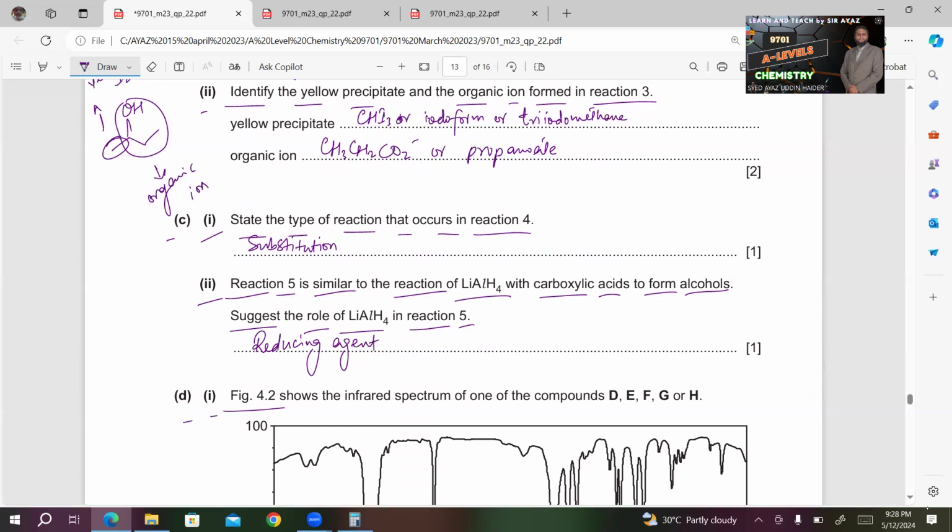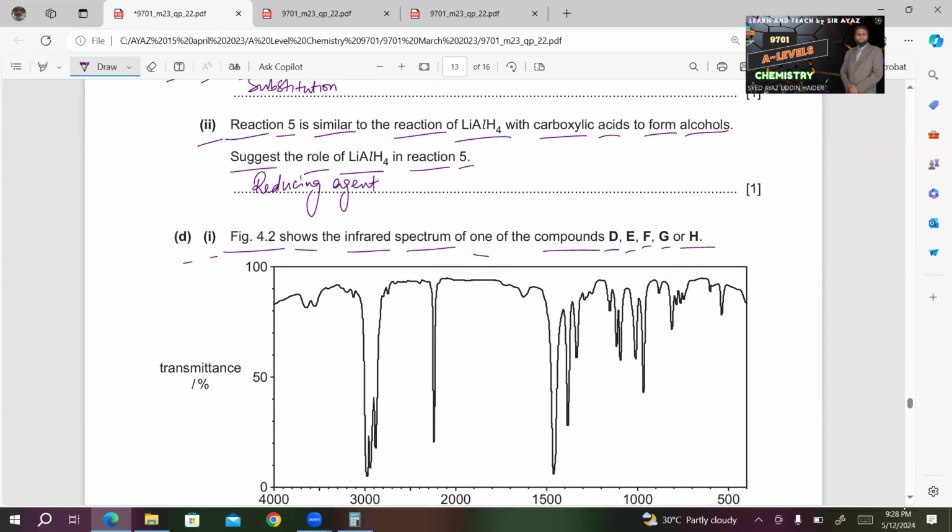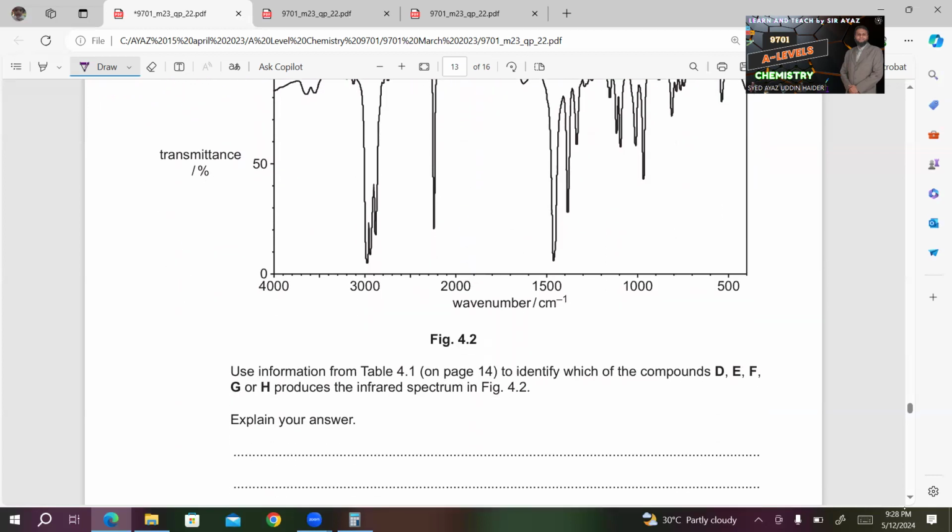D1, figure 4.2 shows the infrared spectrum of one of the compounds D, E, F, G, or H. Use information from table 4.1 on page 14 to identify which of the compounds D, E, F, G, or H produces the infrared spectrum in figure 4.2.